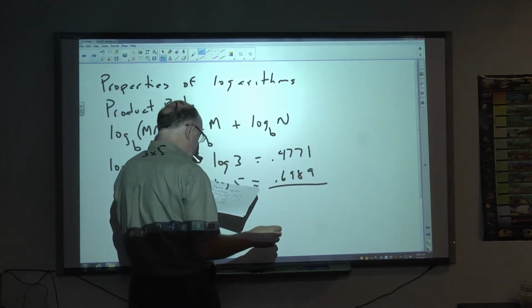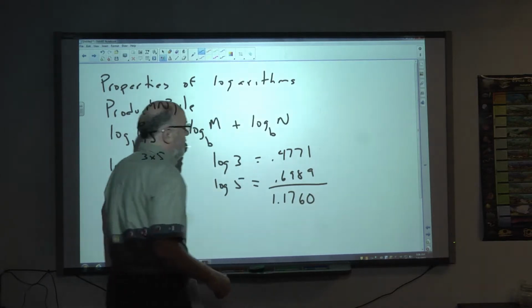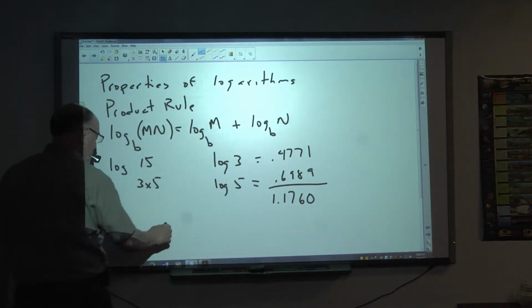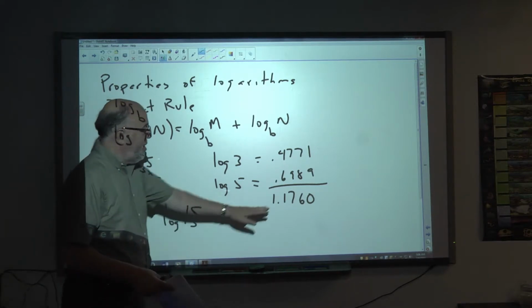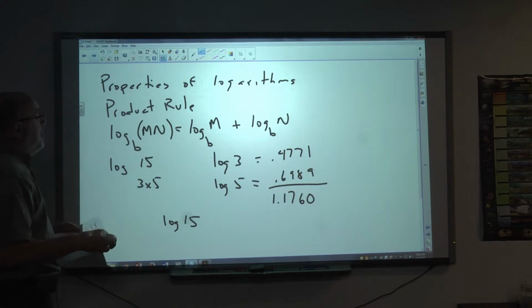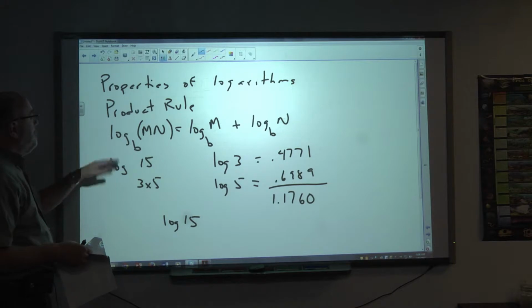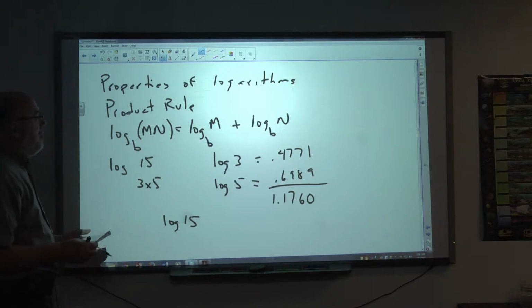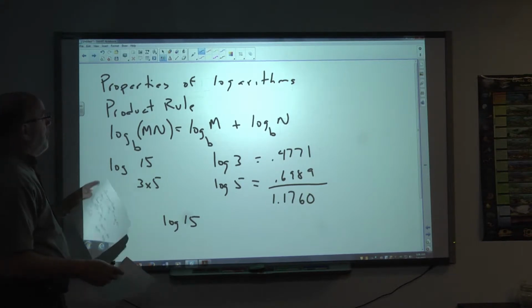If you add these up, you get 1.170. And if you do the log of 15 directly on the calculator, you get that number. So it's not very helpful in terms of actually getting the log of a number, but these rules do come in handy when I want to solve for an unknown. I'll have to make use of these, and we'll see that a bit later. So that's the product rule.